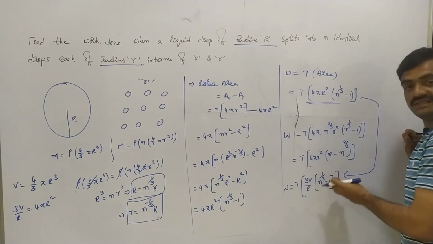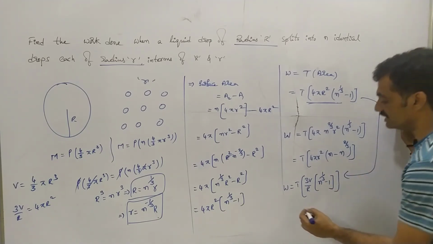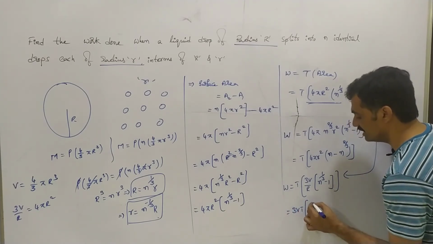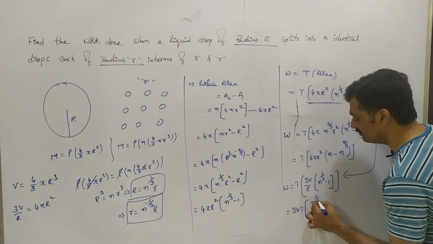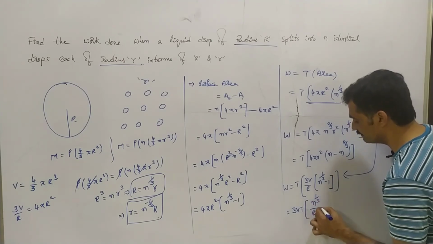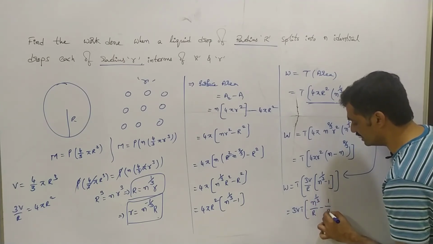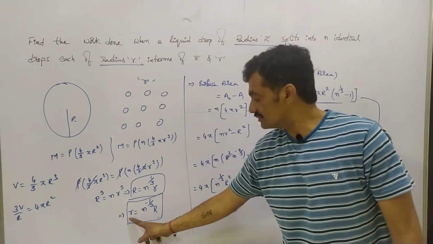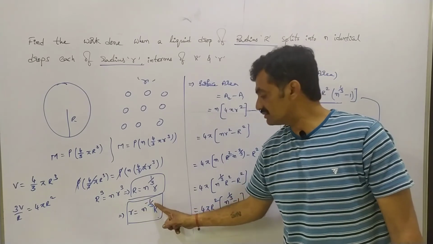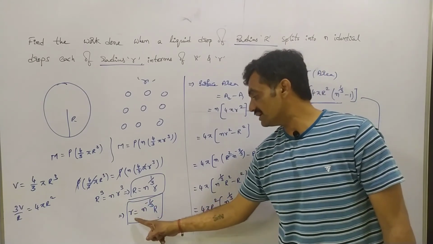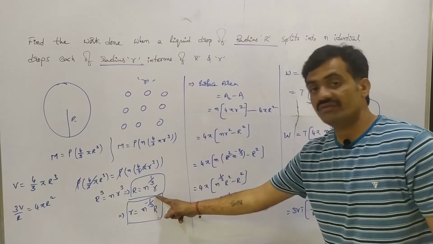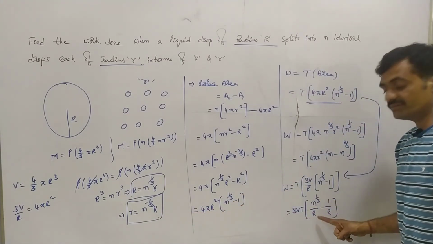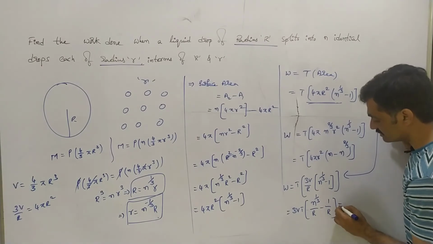So let's multiply this r inside. When we multiply, it can be represented as 3VT into n to the power of 1 by 3 by r minus 1 by r. Observe that small r equals n to the power of minus 1 by 3 into R, then 1 by r equals n to the power of 1 by 3 by R. So in the place of n to the power of 1 by 3 by R, we can substitute 1 by small r.